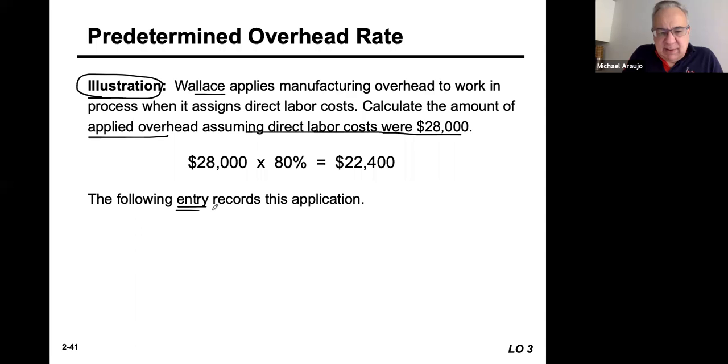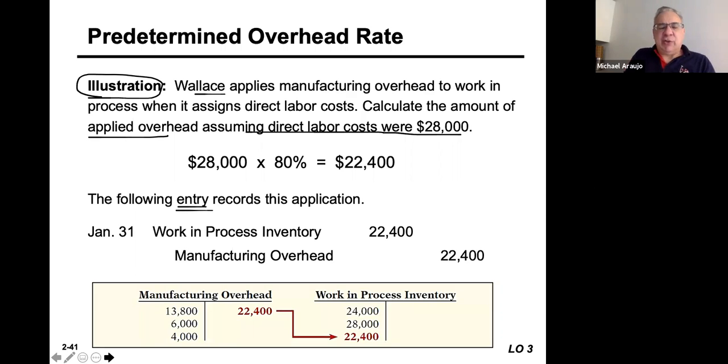The entries, yes, the journal is fun. The entries would show that because we have allocated $22,400 of applied overhead, or we've estimated $22,400 of manufacturing overhead is going to be used because it's 80% of direct labor costs, we're going to move the $22,400 out of the manufacturing overhead account and put it into the work in process account for inventory.